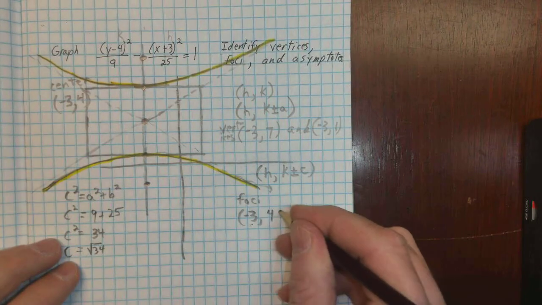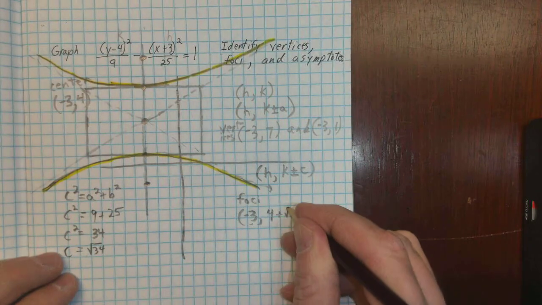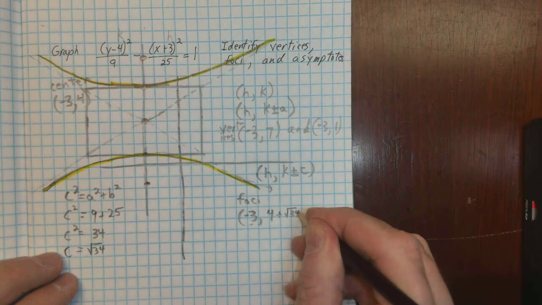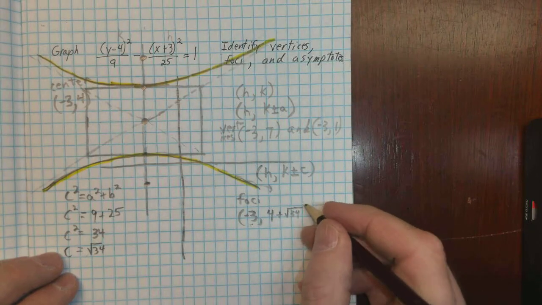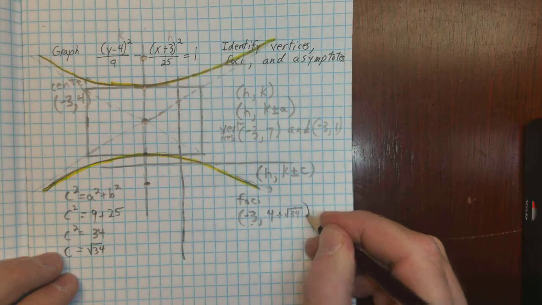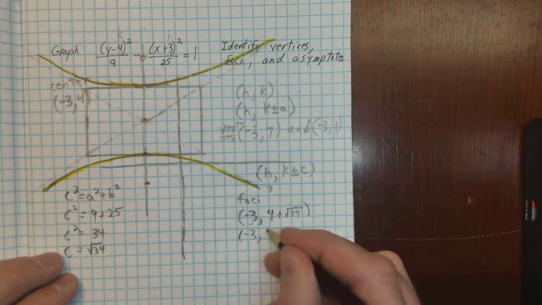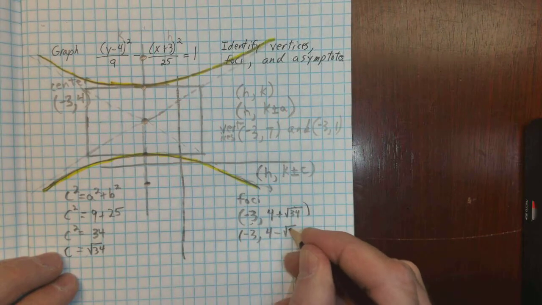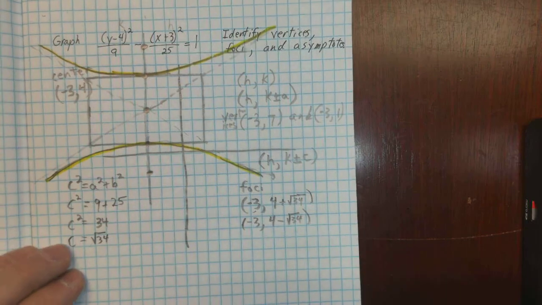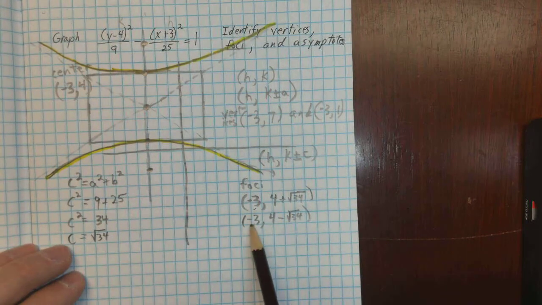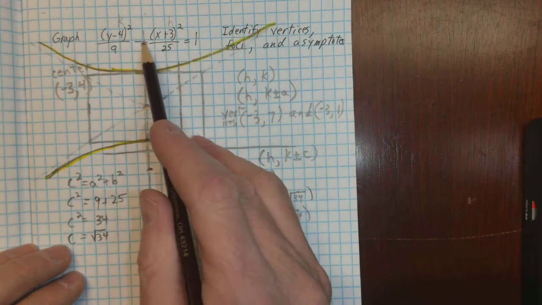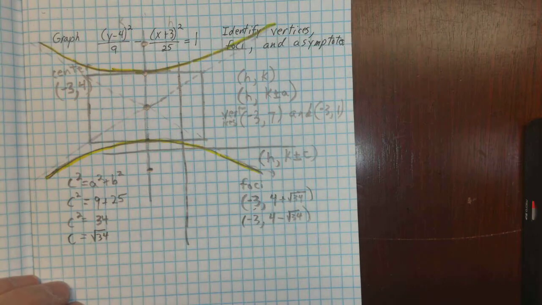So 4 plus the square root of 34), and (-3, 4 minus the square root of 34). I could have just done plus or minus and written one thing, but these are our two foci. That's the coordinates of this point and this point there.